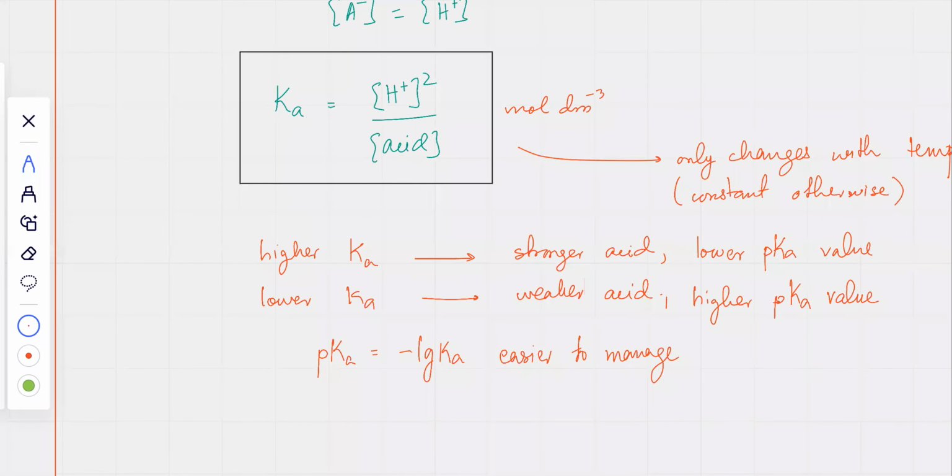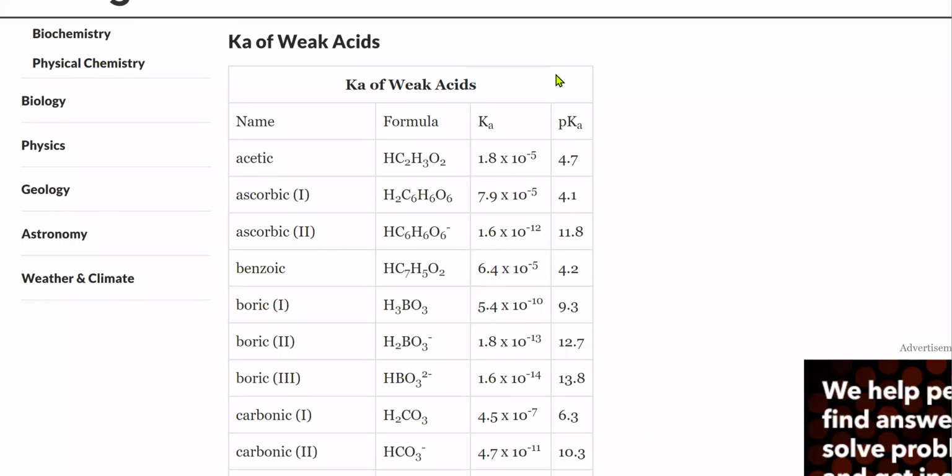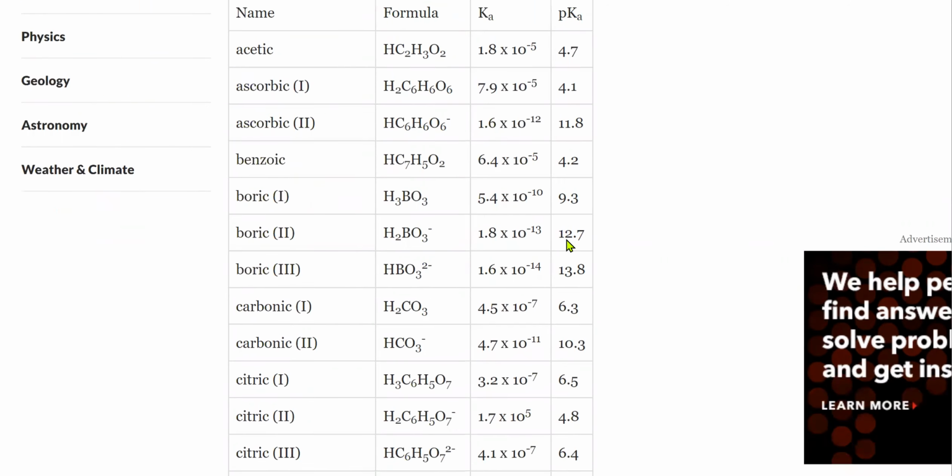So the scale inverts when this happens. Over here, you can see that if the value is really low, 10 to the minus 13, the pK value comes out to be really high. So a higher pK value indicates that it's a weak acid, and a lower pK value indicates that it's a strong acid.